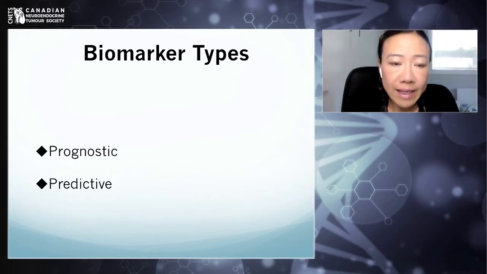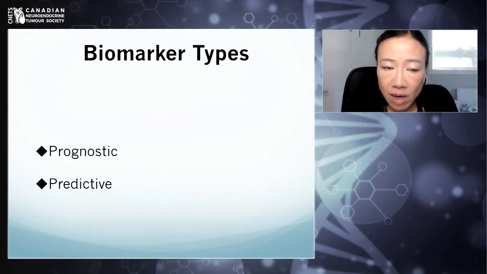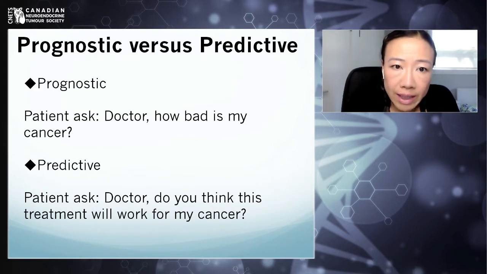For the next few slides, I would like to discuss the two most important biomarker types in oncology, prognostic and predictive biomarkers. What is a prognostic biomarker from a patient perspective? Patients will ask doctors, how bad is my cancer?